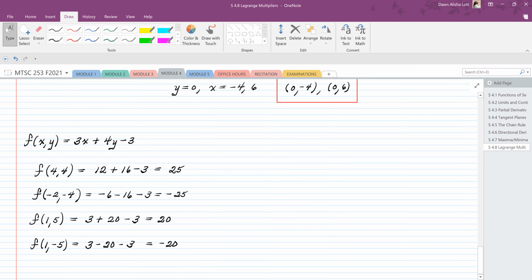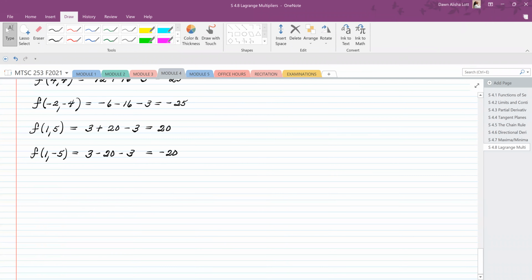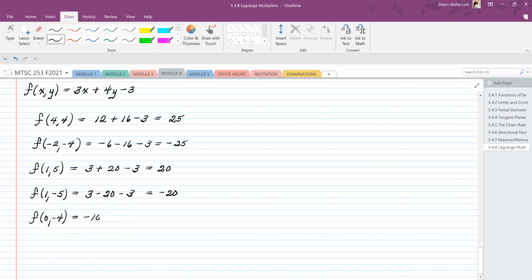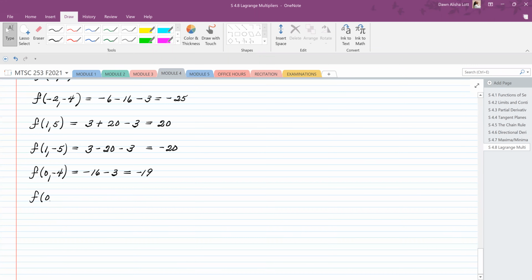Then we have f of -4, 0, which is 3 times -4, -12, minus 3 is -15. And then we have f of 6, 0, which is 18 minus 3, which is 15.